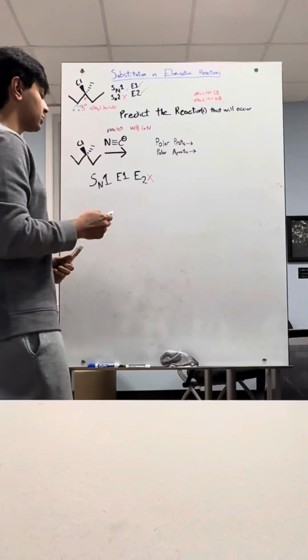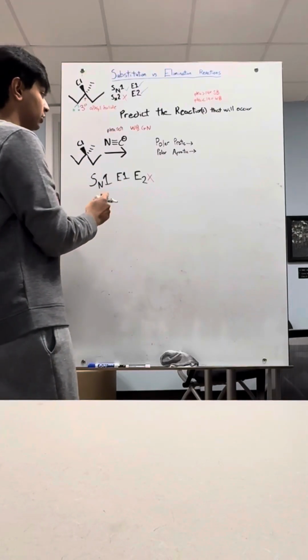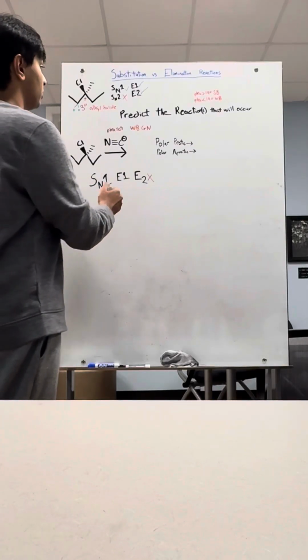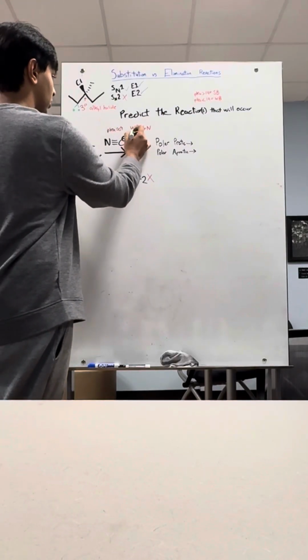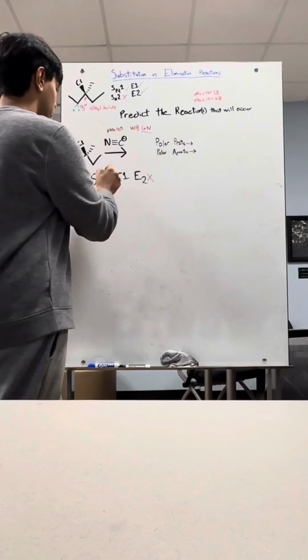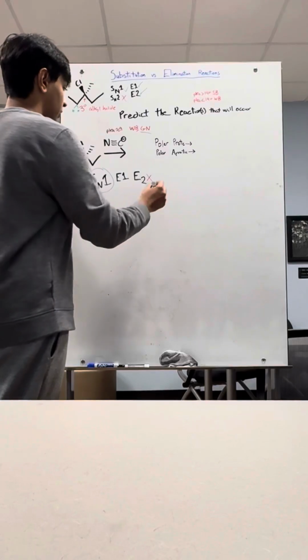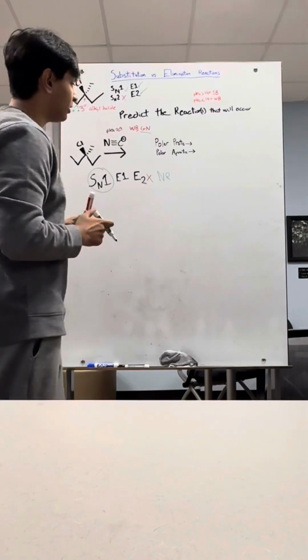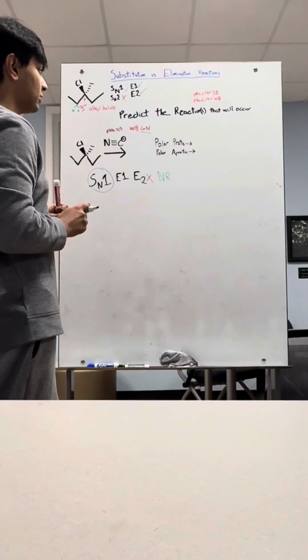Now, let's look between SN1 and E1. E1 generally won't occur over SN1 due to the fact that we do have a good nucleophile, and therefore we will go with this. And we'll also say that no reaction can occur, and we'll look at that once we look at the solvents here.